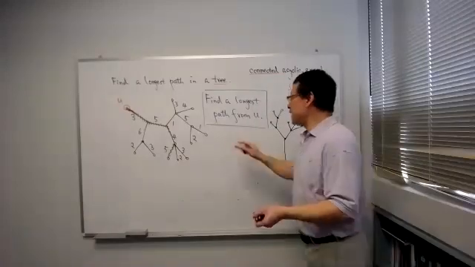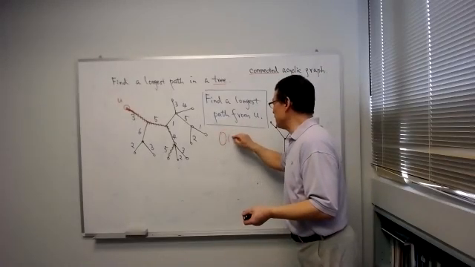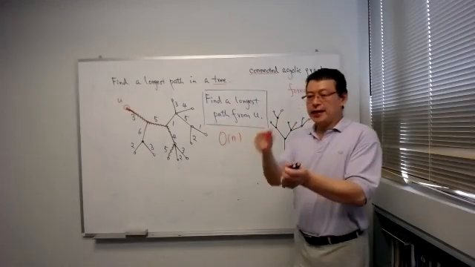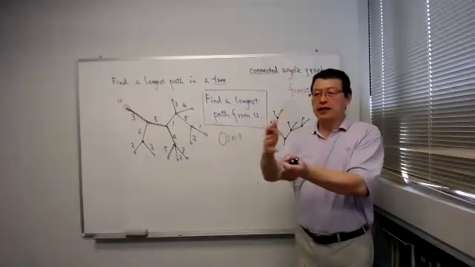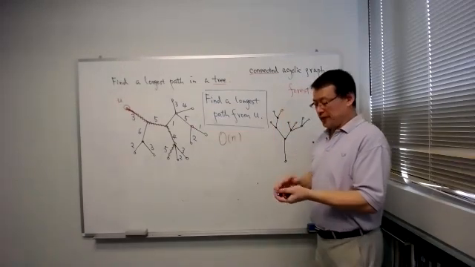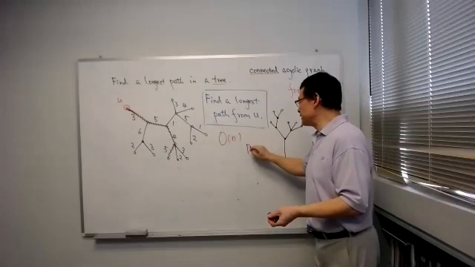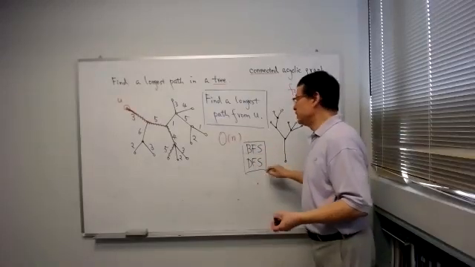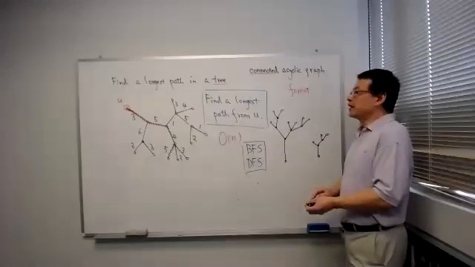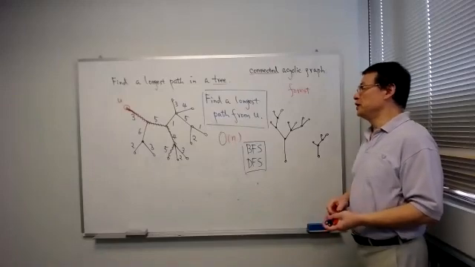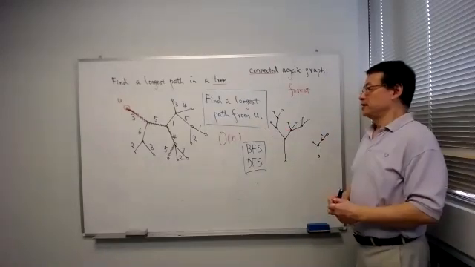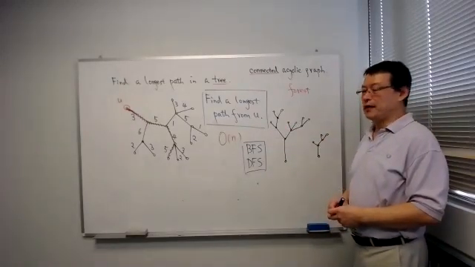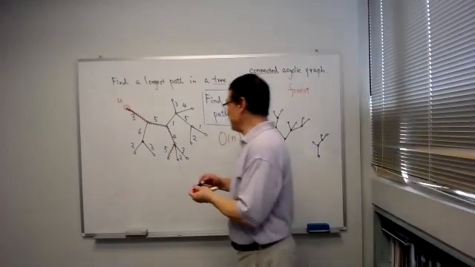It takes linear time if we just consider every branch. If you have heard of DFS, depth-first search, either way will enable us to find it. It's very simple. So we can find the longest path from U to another vertex, ending with a vertex, say V.